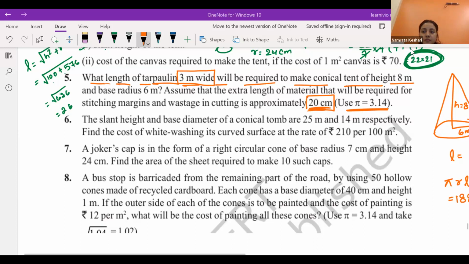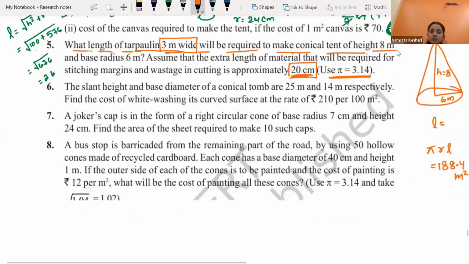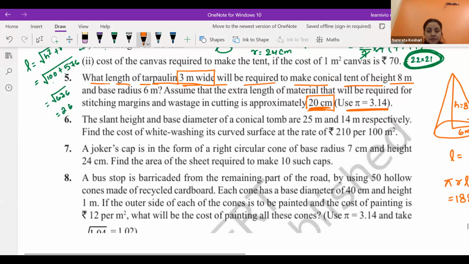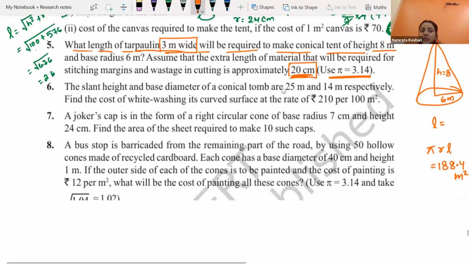Yes, ma'am. 188.4. Everyone is getting the same, right? Yes, ma'am. Okay, so let's see now what can be done.